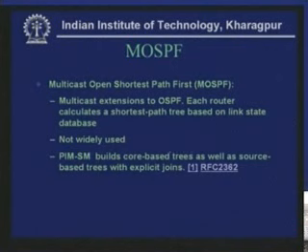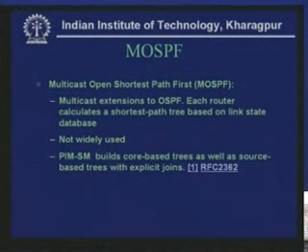Recall our discussion about routing protocols, and OSPF is currently the most accepted routing protocol. There is a multicasting version of OSPF also, known as MOSPF, Multicast Open Shortest Path First.